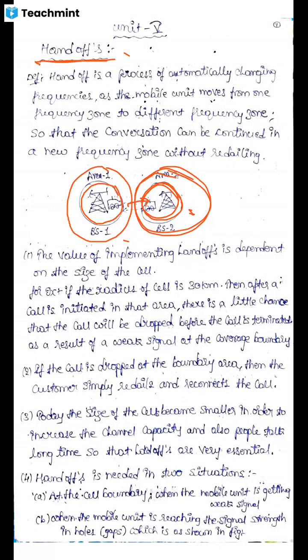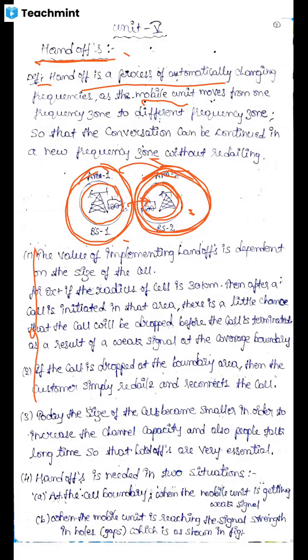So here we have written the definition: handoff is a process of automatically changing the frequencies of the mobile unit when it moves from one frequency zone to the other frequency zone, so that the conversation can be continued in this new frequency zone without redialing. These are the introduction points of handoff.